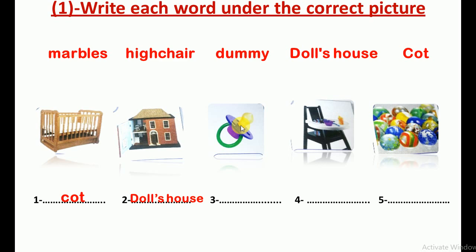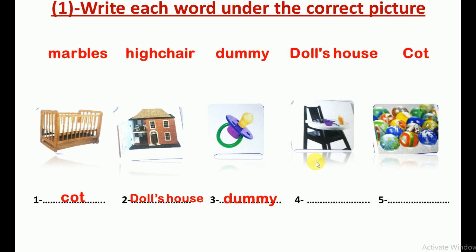They put it in the baby's mouth to suck it, to stop the babies from crying if the mom is busy, and keep the baby quiet. In America they call it pacifier, but in England they call it dummy, or pacifier.